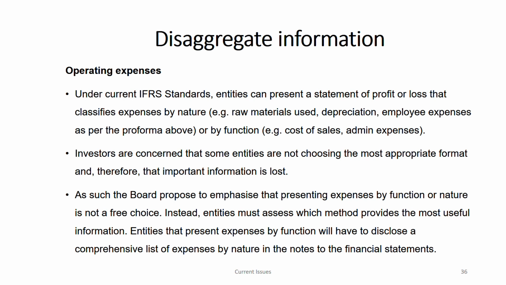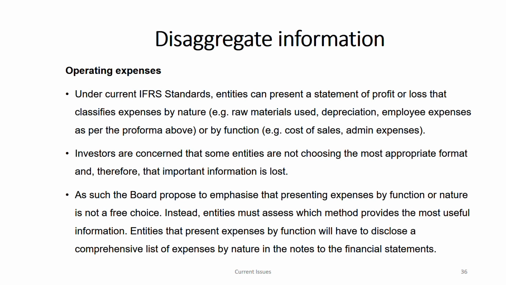So if you are presenting expenses by function, like admin expenses, sales expenses, distribution expenses, you have to disclose a comprehensive list of expenses by nature also. Because, for example, under admin expenses there may be 5 or 6 costs, but we don't know what the admin expenses are made up of. What are the expenses inside that admin expenses? You don't know, right?